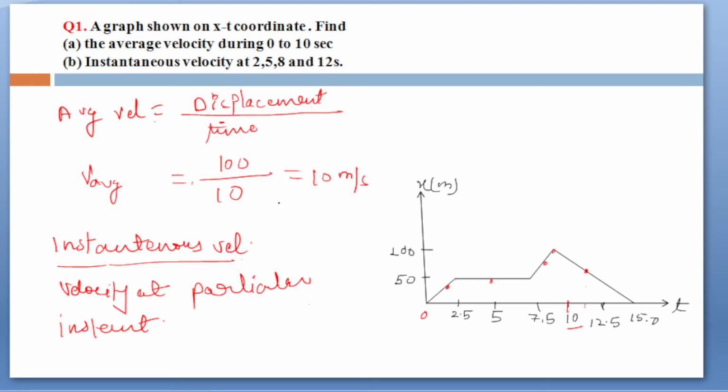So if we see the graph between 0 to 2.5 second, this is a straight line. So in an x-t diagram, a straight line means velocity along this line will be uniform, that is velocity from 0 to 2.5 second is uniform. So velocity at every point will be the same.